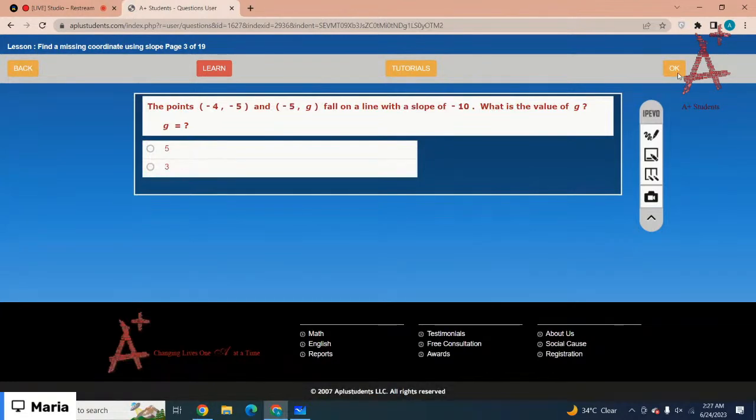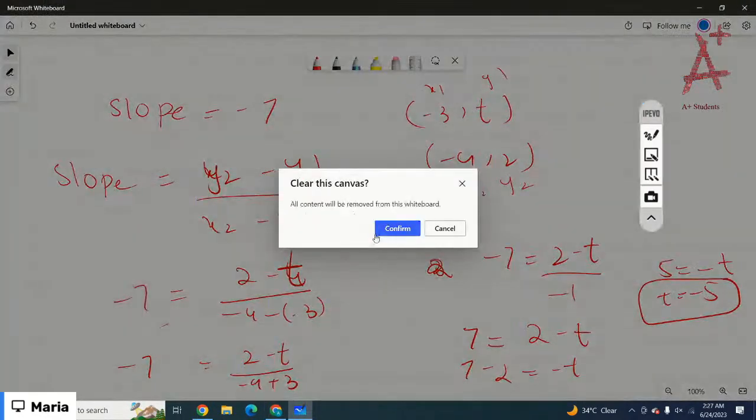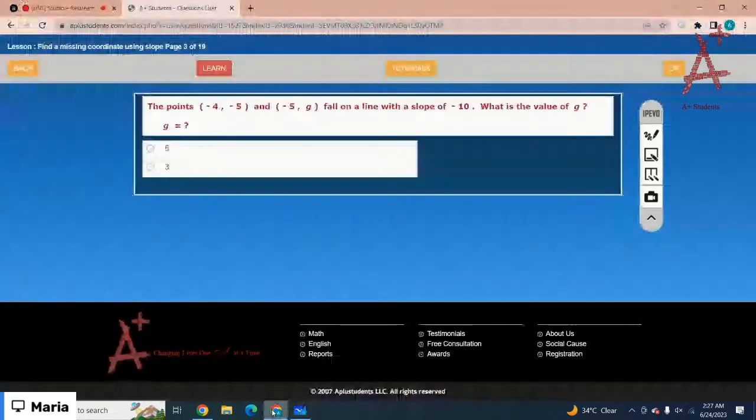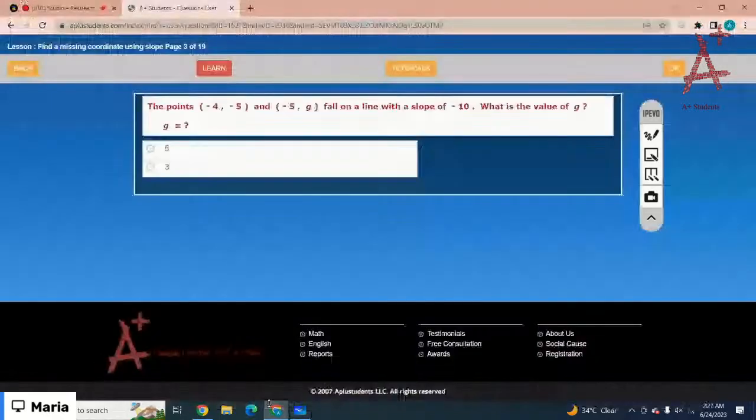The points negative 4, negative 5 and negative 5, g fall on a line with a slope of negative 10. Negative 4, negative 5 and negative 5, g. And the slope is negative 10.